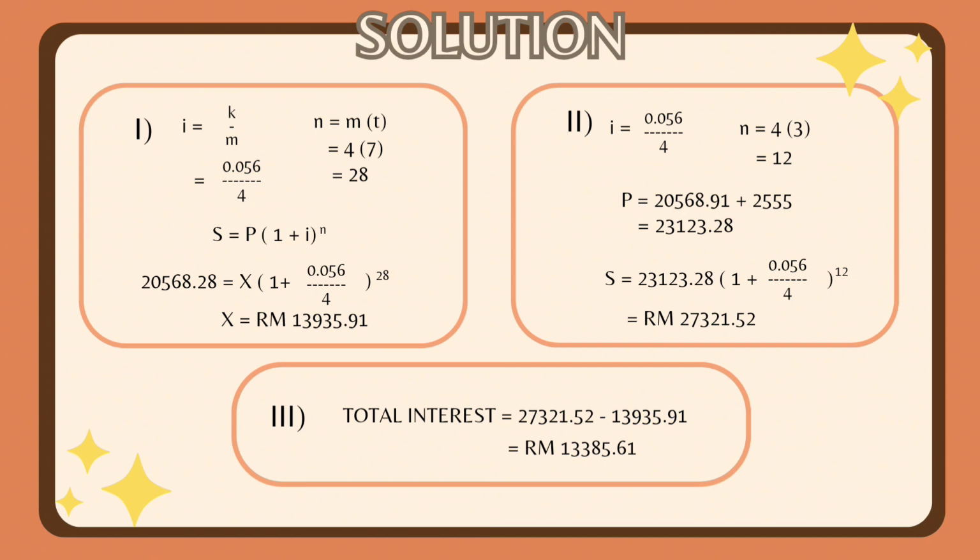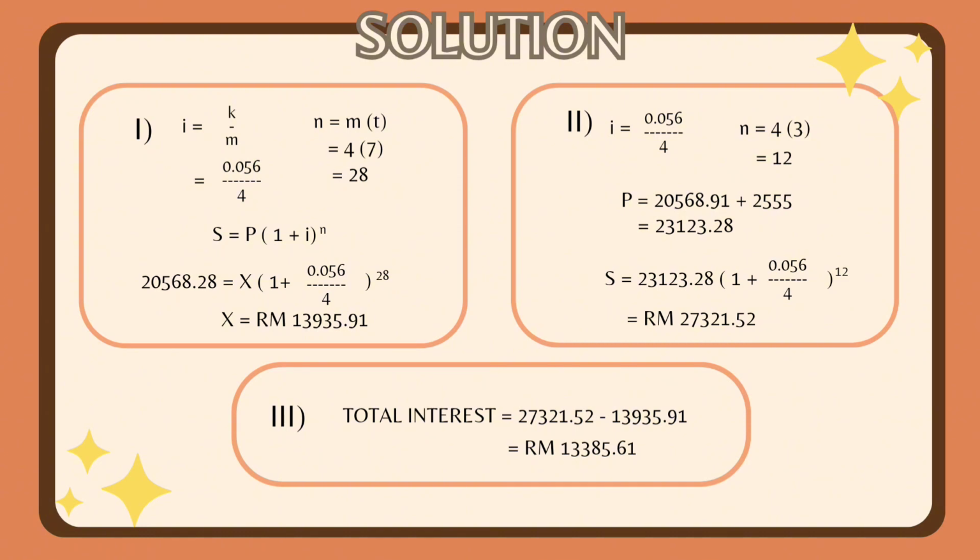Now we insert i and n into the compound amount formula S, which is P(1 + i)^n. From the question, we already know that S is 20,568 ringgit and 28 cents. So now, we just have to find X. After we insert everything into the compound amount formula, we get that X is 13,935 ringgit and 91 cents.